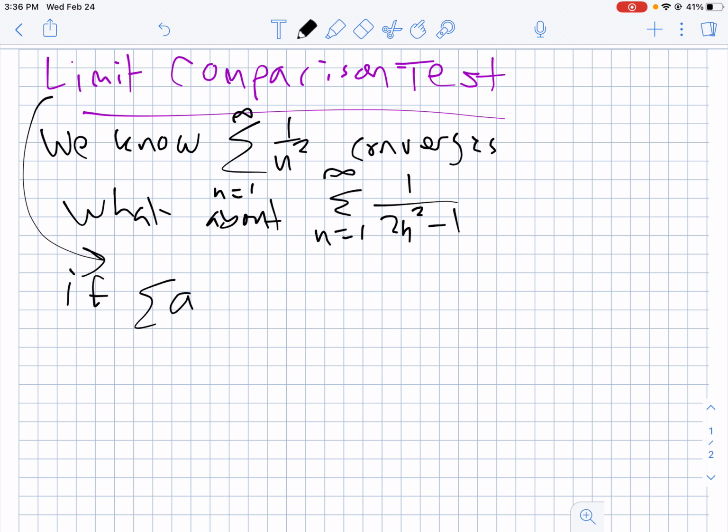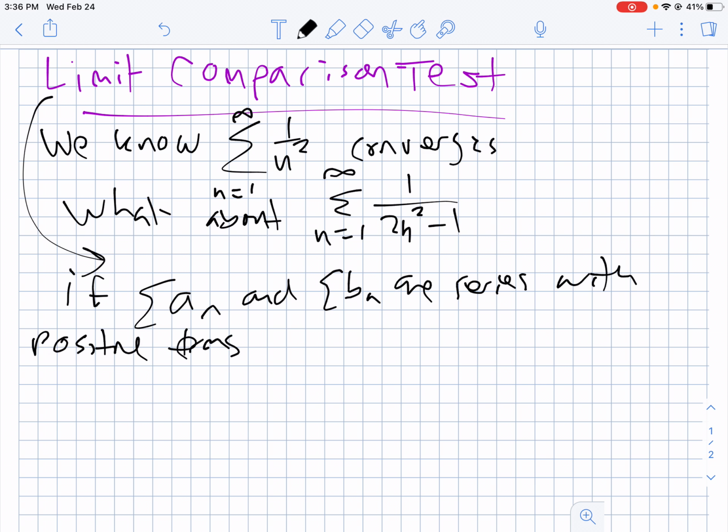If you have two series, a sub n and b sub n, and these are both series with positive terms, then if you take the limit as n goes to infinity of the ratio of those terms, so a sub n over b sub n, it doesn't matter which one's on top, by the way.